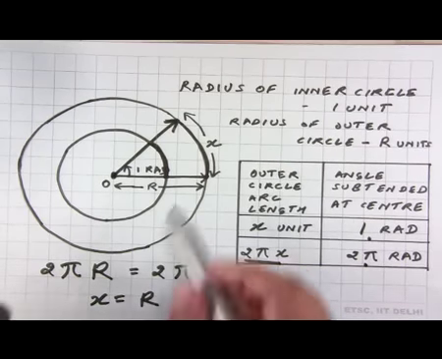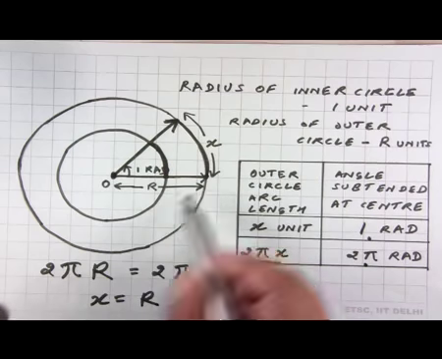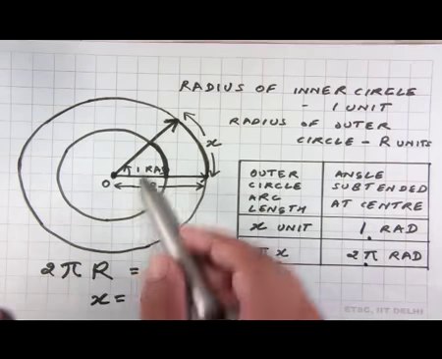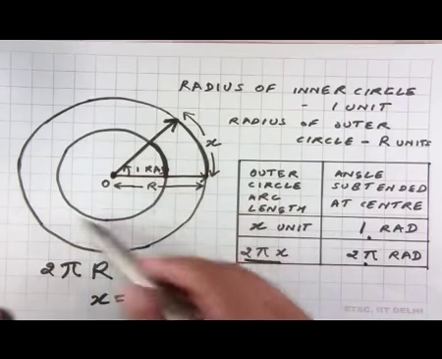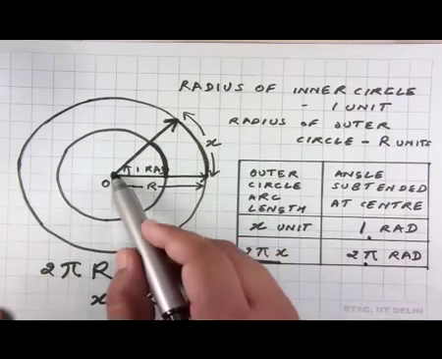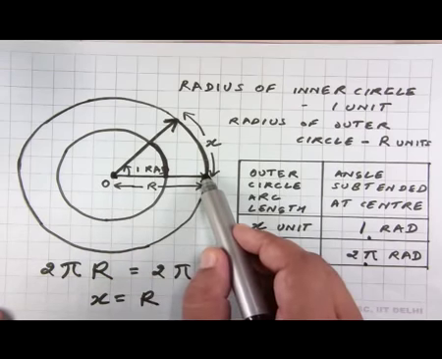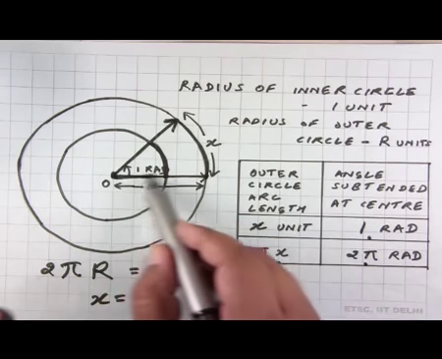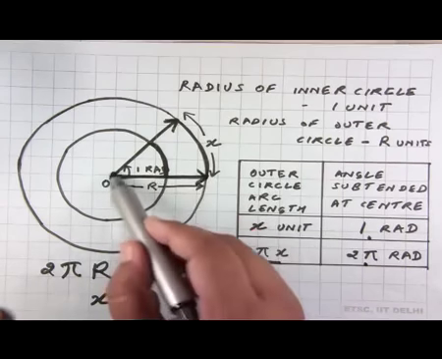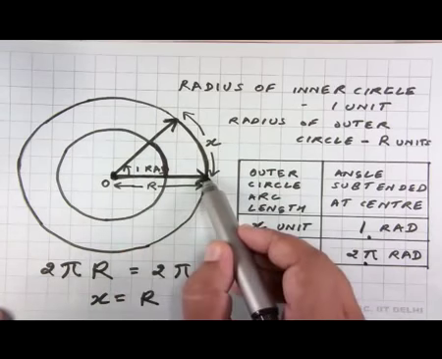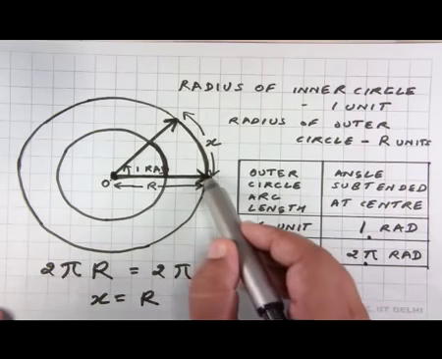So, therefore, what we see is that we could also define 1 radian very generally. Instead of just looking at a circle of unit radius, in general if we have a circle of radius r, let us look at this radius, this ray, on the outer circle.